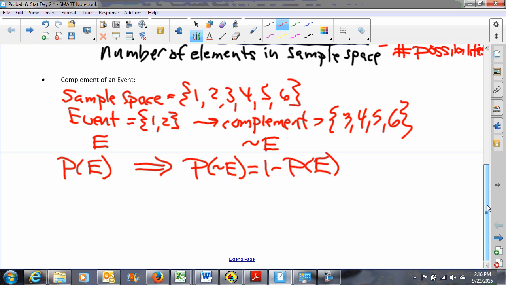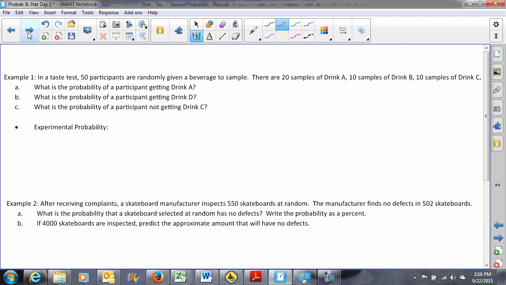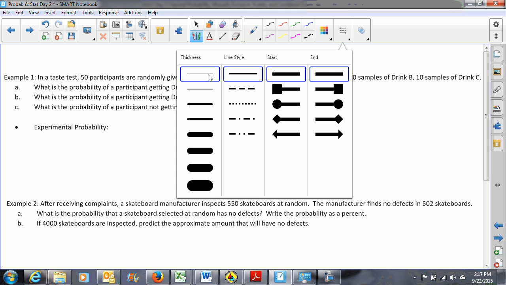All right, now let's take a look at a couple of examples. Okay, first example: in a taste test, 50 participants are randomly given a beverage to sample. There are 20 samples of drink A, 10 samples of drink B, 10 samples of drink C. What is the probability of a participant getting drink A?